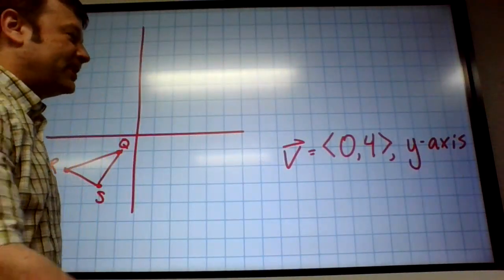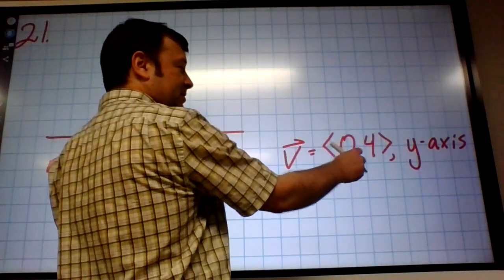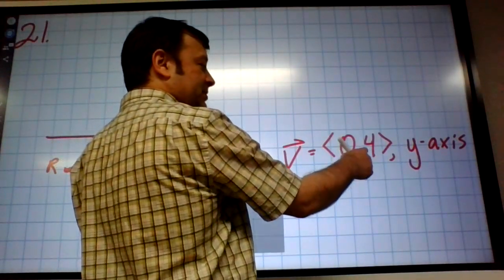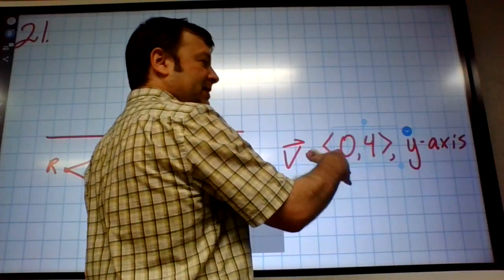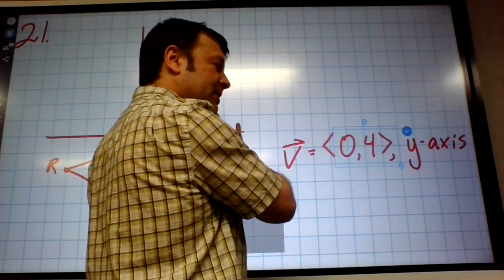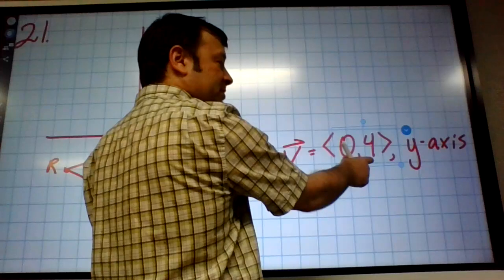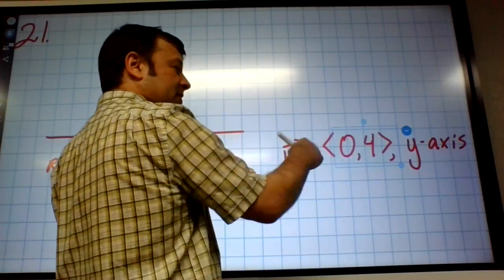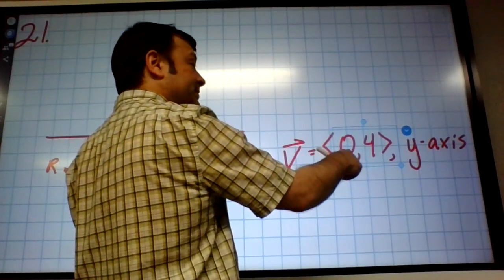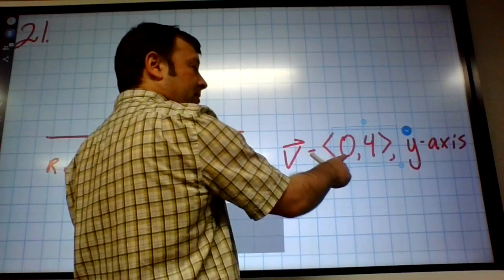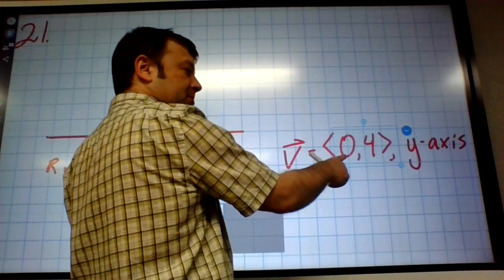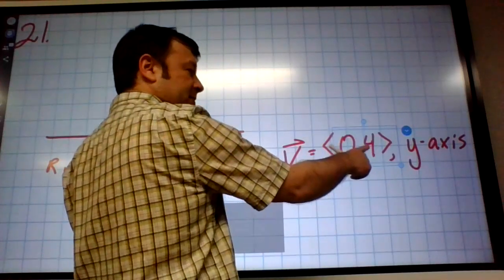Okay, so let me explain this. So this is describing the vector 0, 4. This tells us what direction we're supposed to move. It's kind of like the problems we were doing. This describes the direction they want us to move the thing. So what do you think 0, 4 means? 0, stay where you are. Means not moving right or left, up 4.